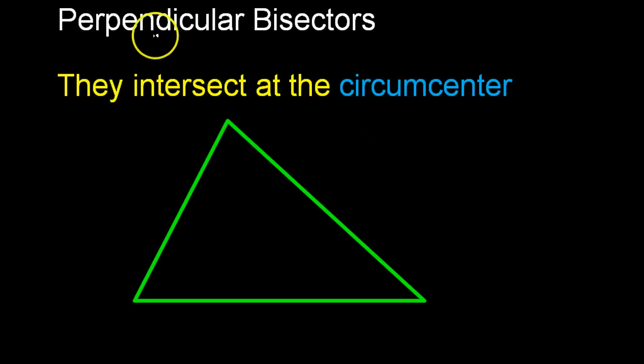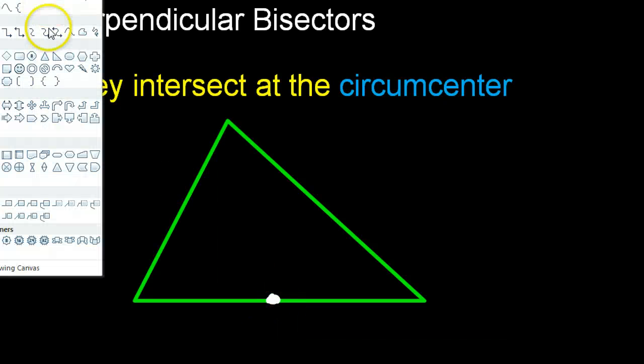What I need is to draw two or more perpendicular bisectors. So for example, if you look at the bottom side, find the midpoint of that side as carefully as you can. So a bisector is going to go through the midpoint.